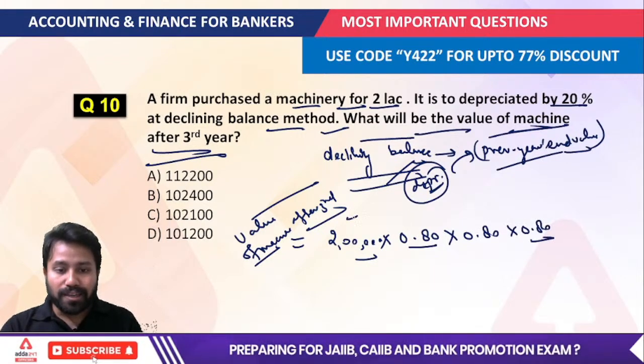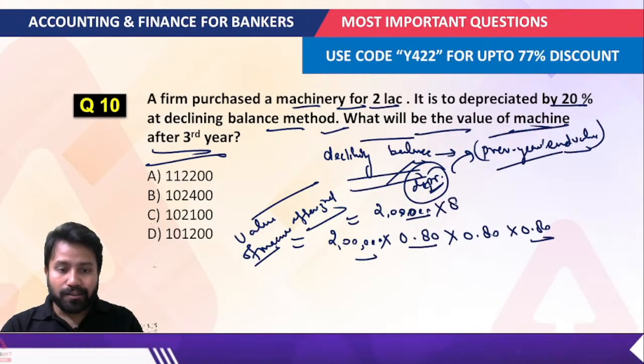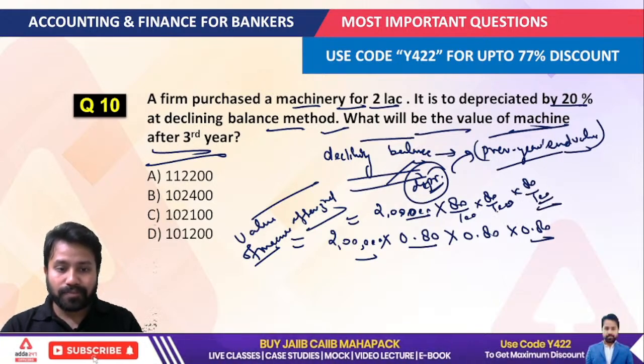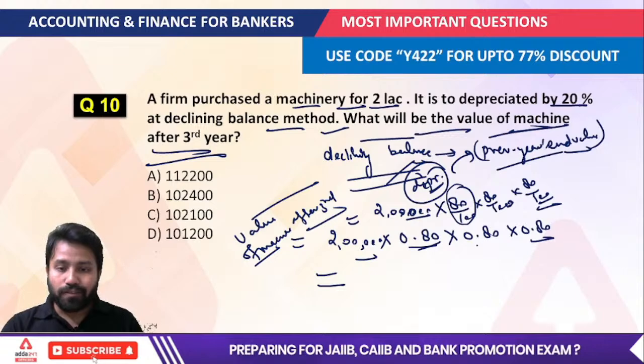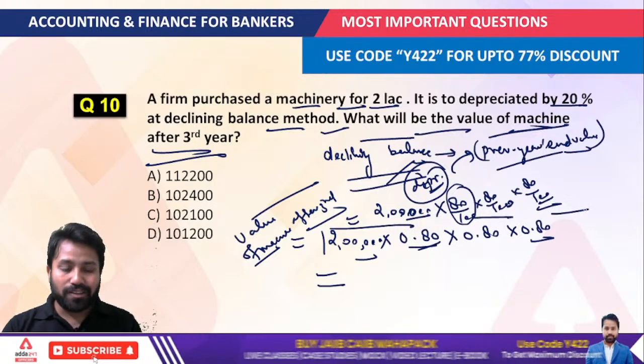This 0.8 is nothing but, suppose the value of the machine is 2 lakh, and 80%, 80%, and 80%. So instead of 80%, we just write 0.8 here. Now if you just solve this, what would be the value of the machine after the third year?